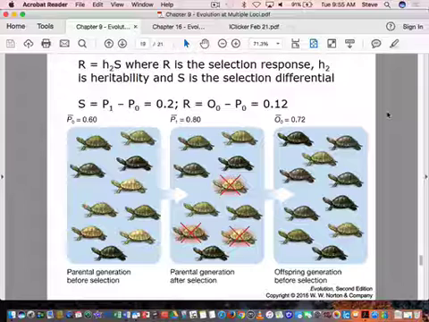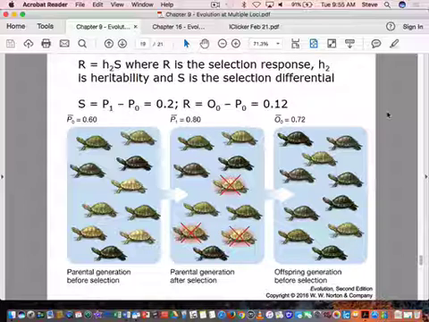The response has gone from 0.6 to 0.72, so it's gone up 12%. You'll notice there's a little difference here, isn't there? What do you notice? In the parental generation, it went up 0.2, but in the offspring generation, it only went up 0.12. So we need to know something about that, and that's determined by the heritability.